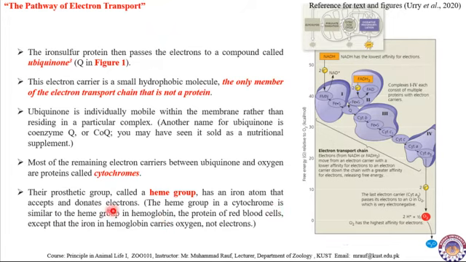Now the heme group of cytochrome is similar to the heme group of hemoglobin, but what is the difference? The difference is that the protein of red blood cells transports oxygen, whereas the heme group of cytochrome transports electrons.